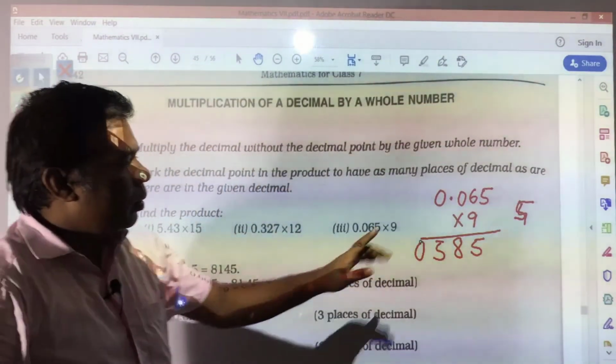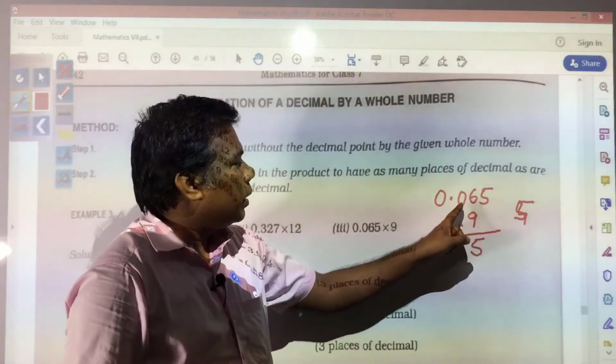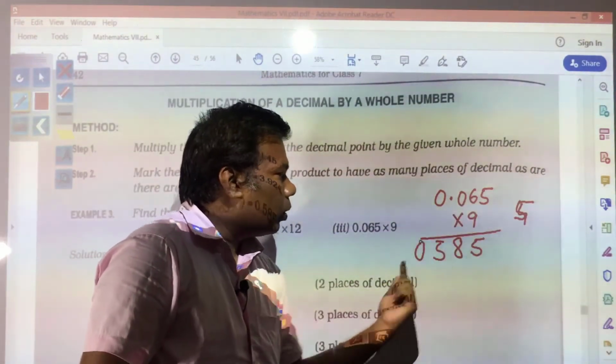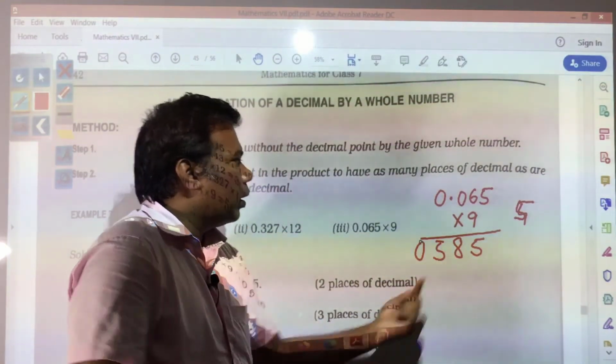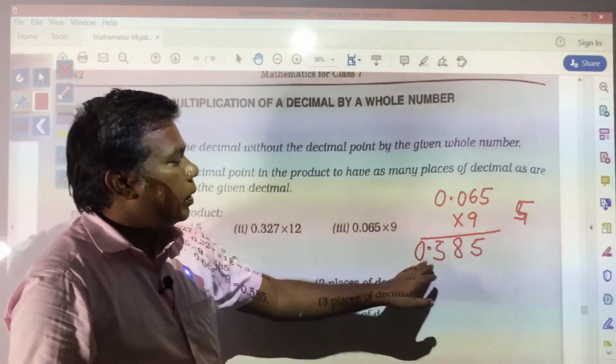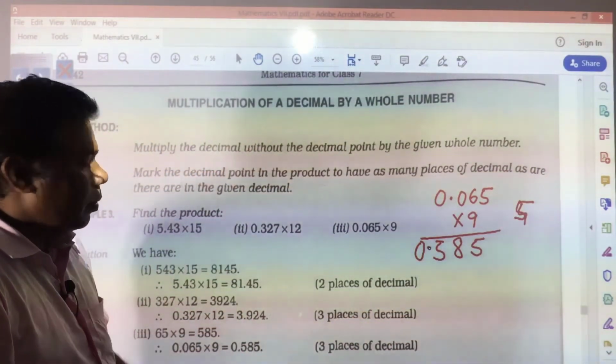Now, you count from the right after the decimal how many digits you have. 1, 2, 3. From the right side you count 1, 2, 3. So, your decimal point will be over here. So, your product will be 0.585. You can see 0.585.